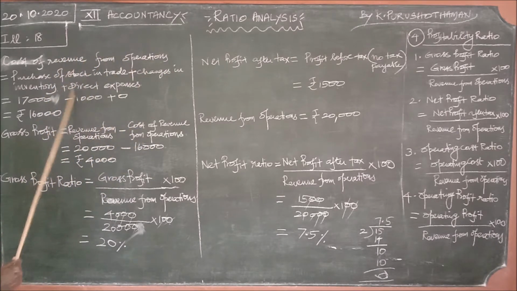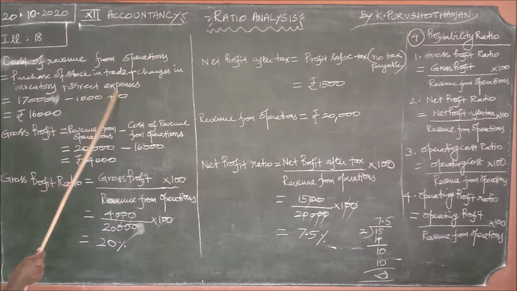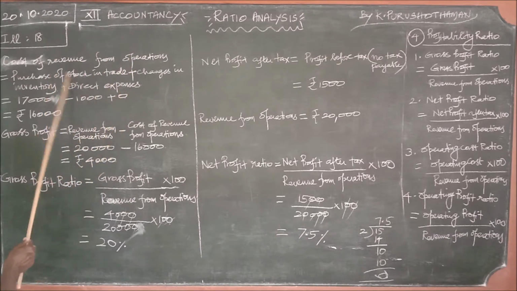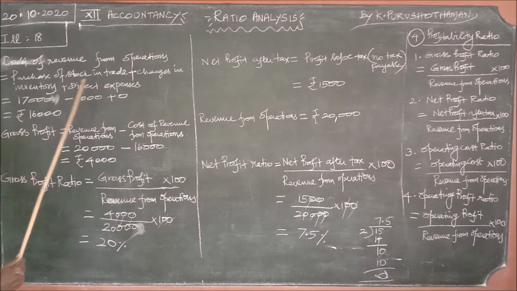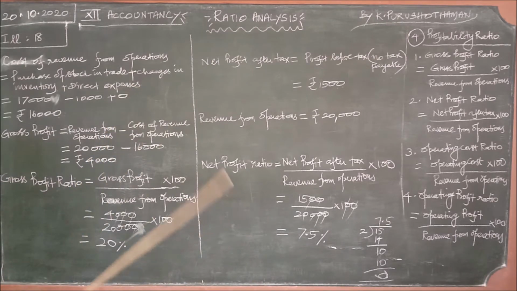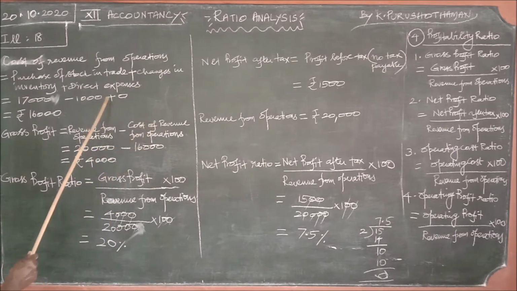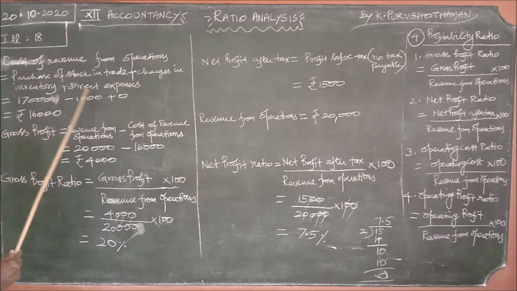So these are the three items. If no value is given for any item, put 0. Purchase of stock 17,000. Changes in inventory, minus 1,000. Direct expenses are not given, say for example wages. Therefore, 17,000 minus 1,000, 16,000.